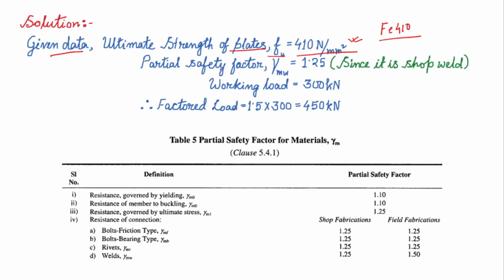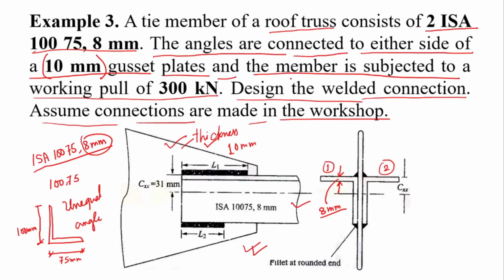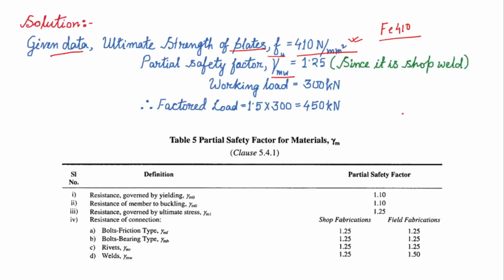Next, partial safety factor gamma mW. So since the welding is performed at the shop, in the question it is written that assume connections are made in the workshop, means welding is performed at the workshop. So gamma mW is 1.25 for shop fabrication. So that's why I have written, since it is the shop welded, so it is 1.25.